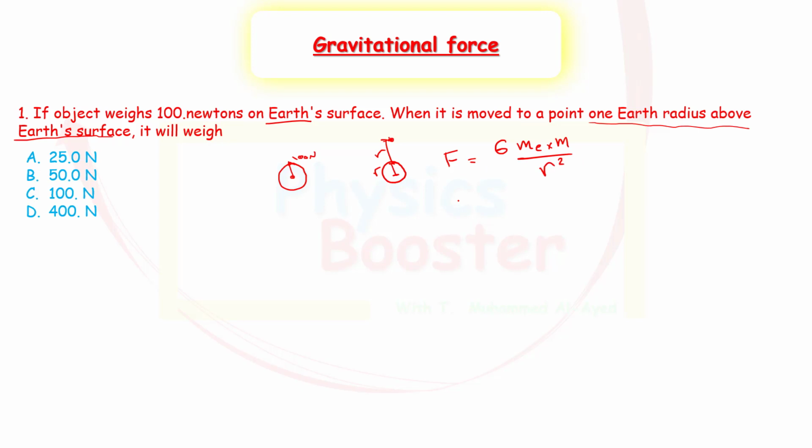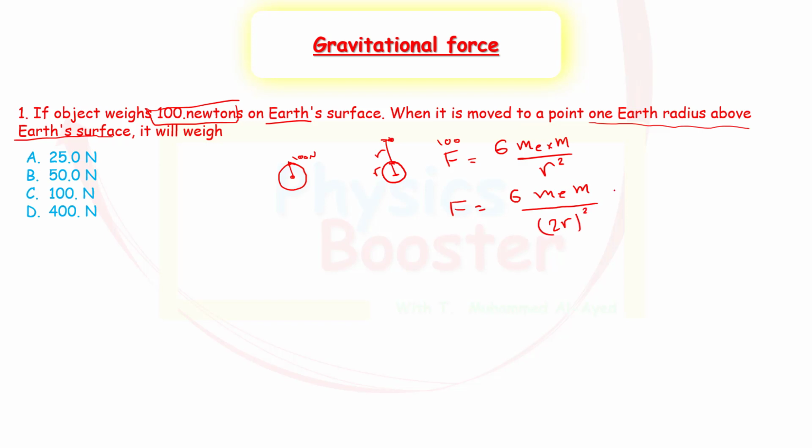Now this is the first case. When the case was this, the force or the weight was equal to 100. It's mentioned in the question, 100 newtons right here. Now, in the second case, the force will be equal to g multiplied by the mass of Earth multiplied by the mass of the man divided by 2 times the radius squared.